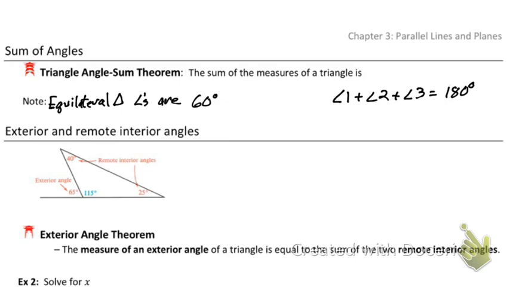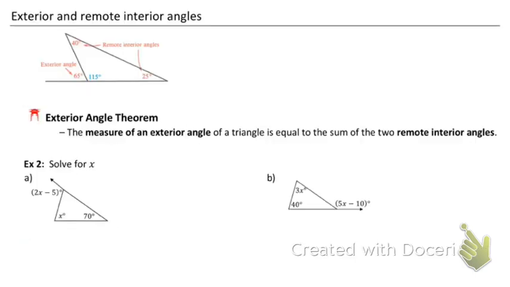All right, the next thing we're going to talk about is exterior and remote interior angles. Which ones are your remote interior depends on which exterior you're looking at. So 65 degrees is my exterior angle. The remote interior angles are going to be those farthest away from your exterior angle, the one that is not a linear pair.